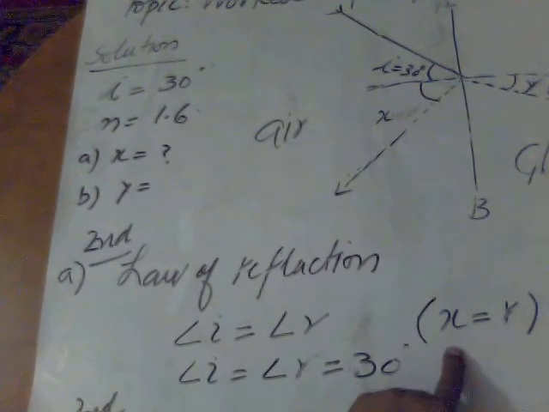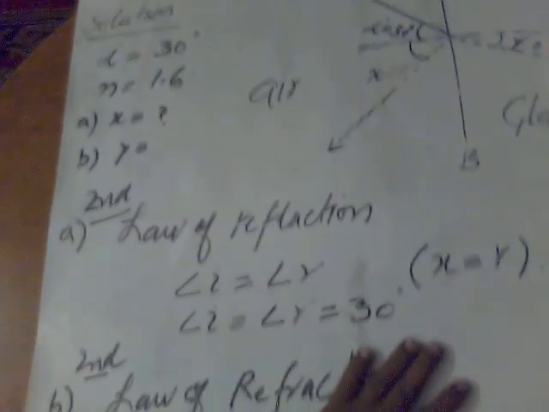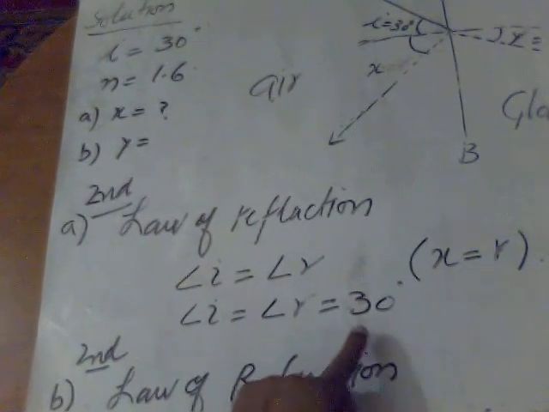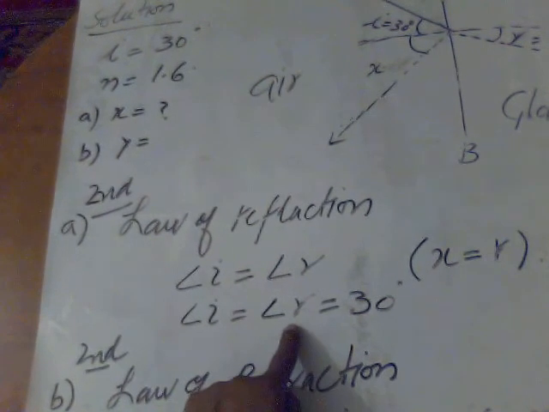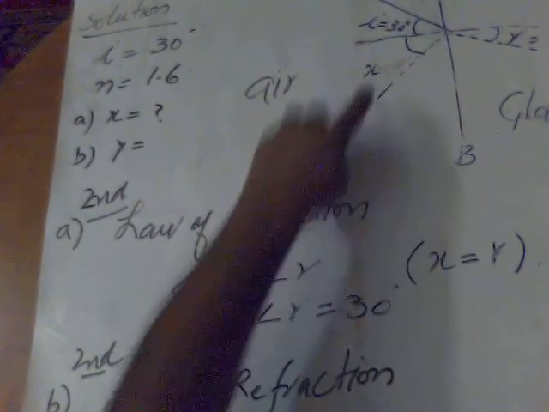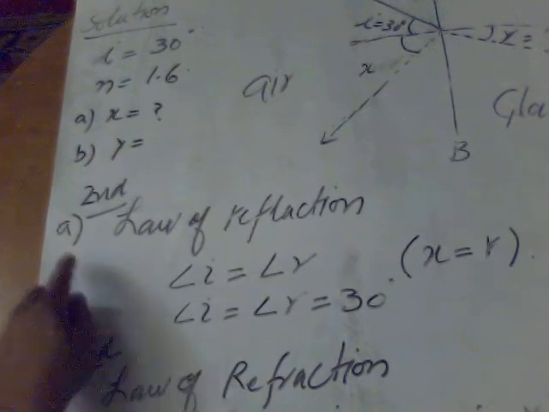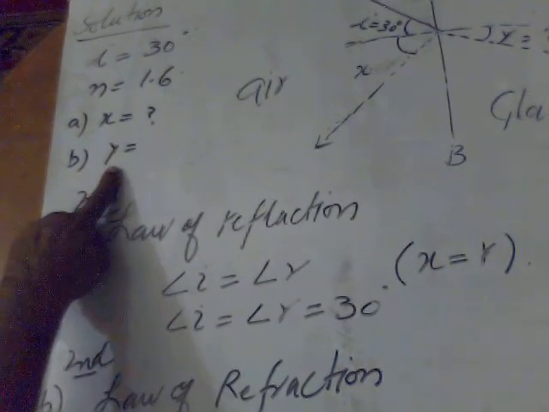So x is equal to r. If the incident angle i is 30, both are equal, and the angle of reflection will also be 30.